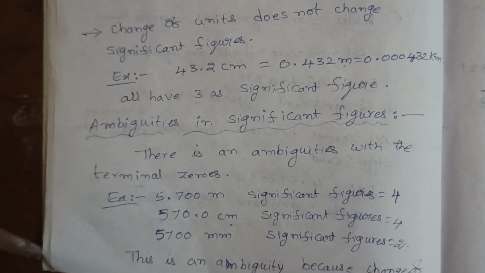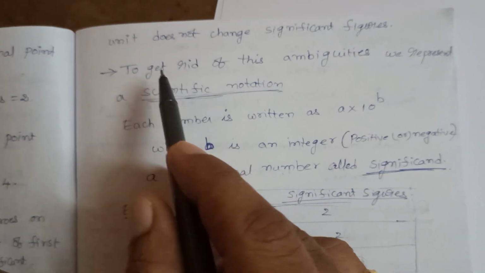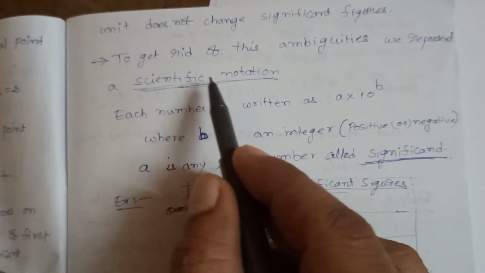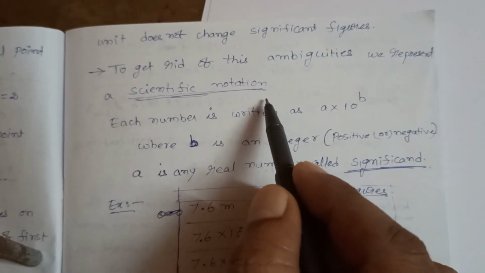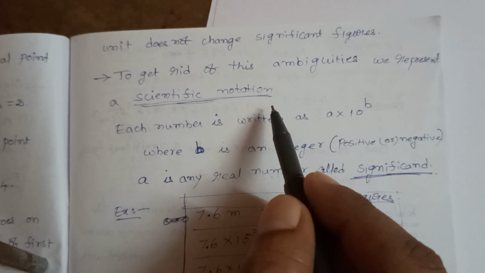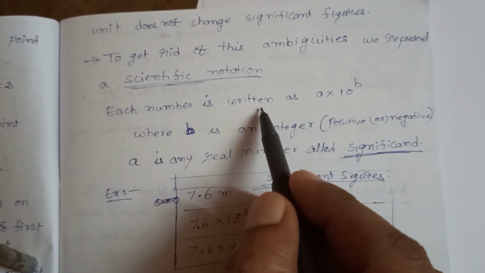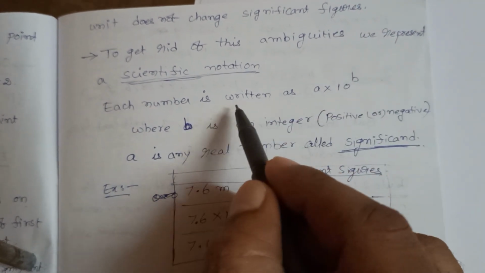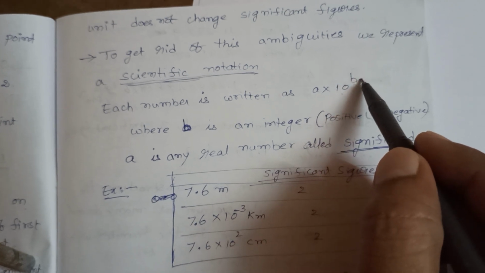To remove this ambiguity, we have a scientific notation. To get rid of this ambiguity, we have a scientific notation. What is that scientific notation? If you see this, each number while changing units, you have to write it as a into 10 power b.